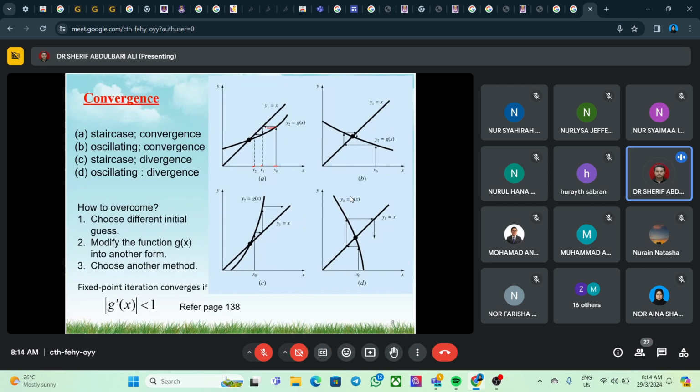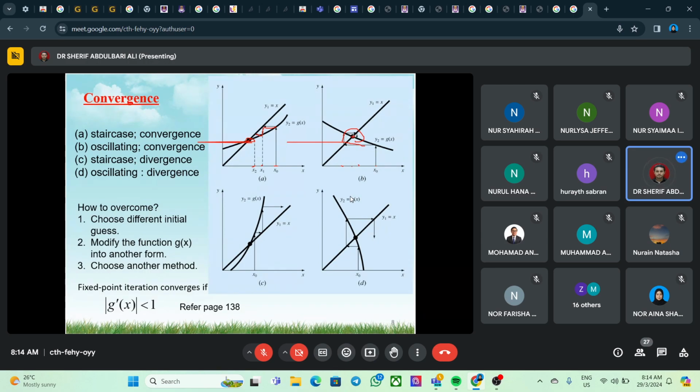So you can see that this happens in the form of a staircase towards finding the root of the equation. The same goes for convergence in oscillating mode. This is x0, this is x1, this is x2, this is x3. So you can see that it's moving around to reach the point.